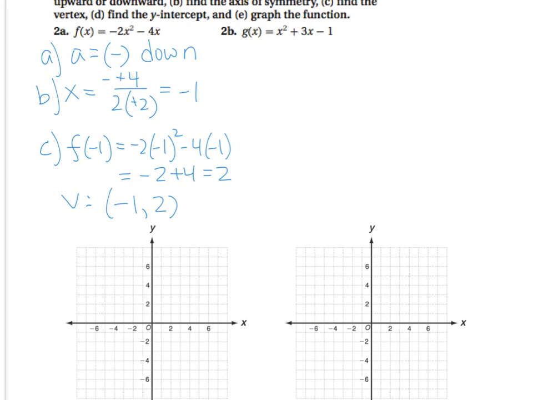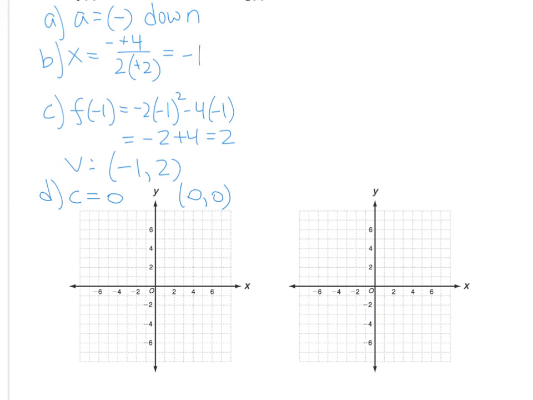And the y-intercept, c equals 0. So the y-intercept is 0, 0. And then we graph. So how do you graph? You just graph those points. -1, 2.